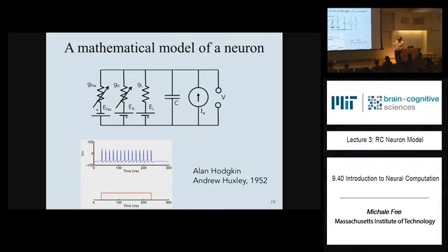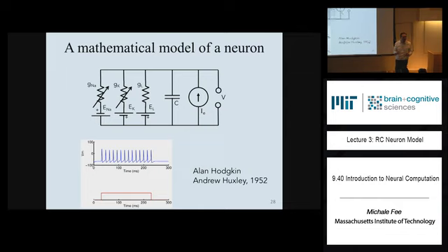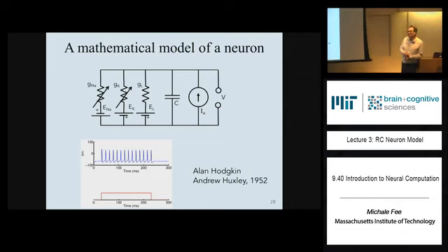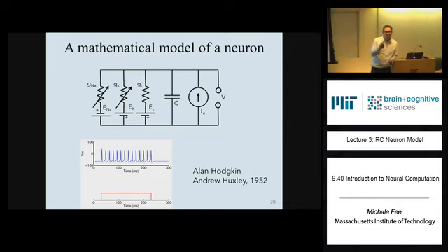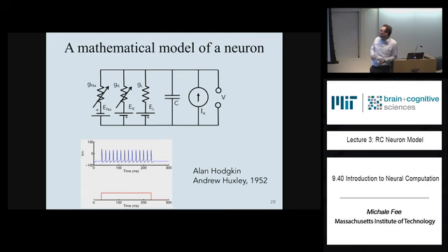But the framework that Hodgkin and Huxley developed for describing time-dependent and voltage-dependent conductances is so powerful and commonly used that it's really worth understanding that mathematical description, that physical description of ionic conductances and how they depend on voltage and time. Okay, so that's what we're going to do next.